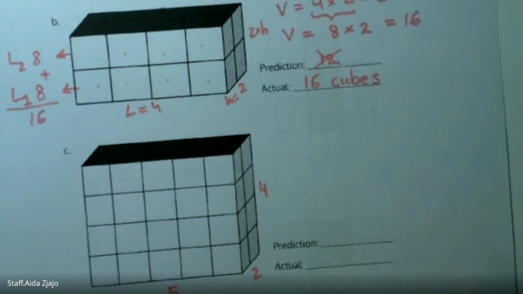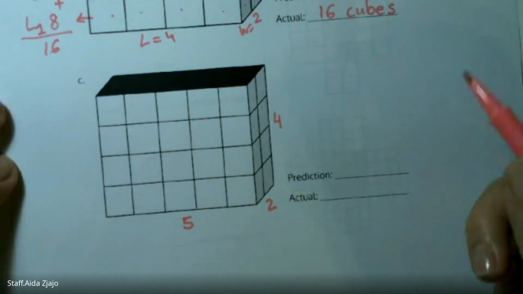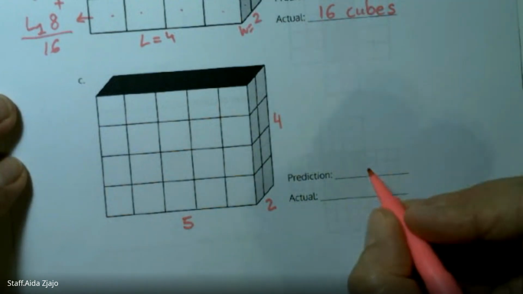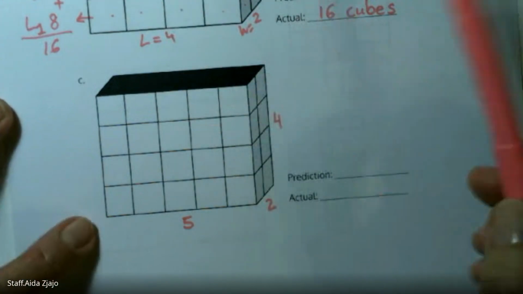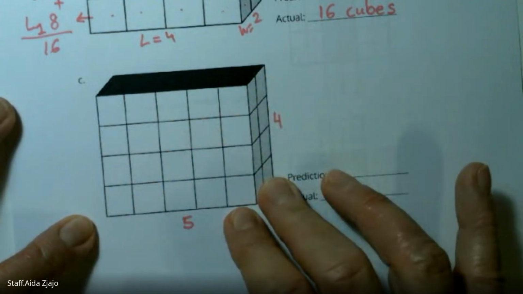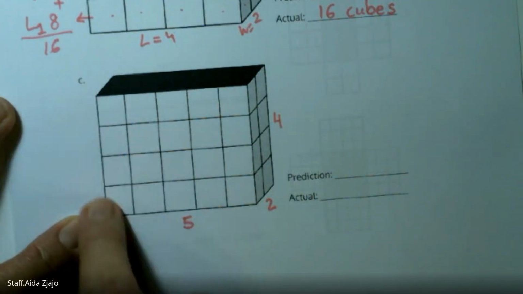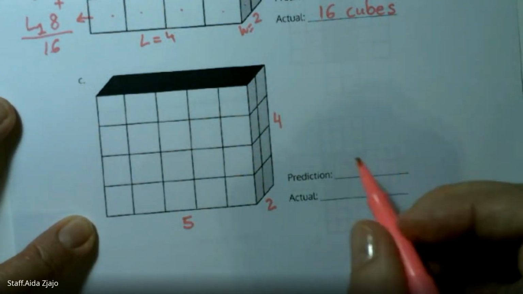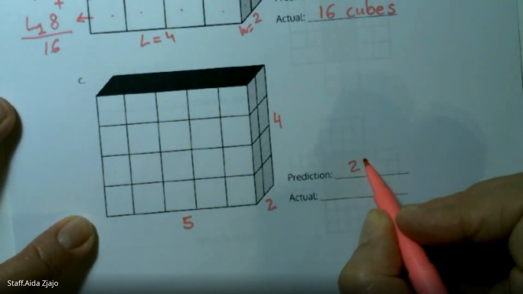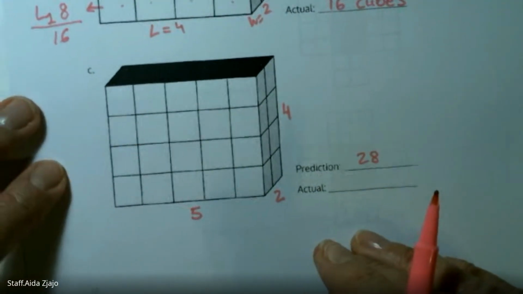Let's see, if kids don't know how to multiply 5 times 2 times 4, they could think it is 22, or they can also do the same thing, thinking of how many faces there are. So 4 times 5 is 20, 22, 24, 26, 28. They could predict that there are 28 cubes, but let's see how many there really are.